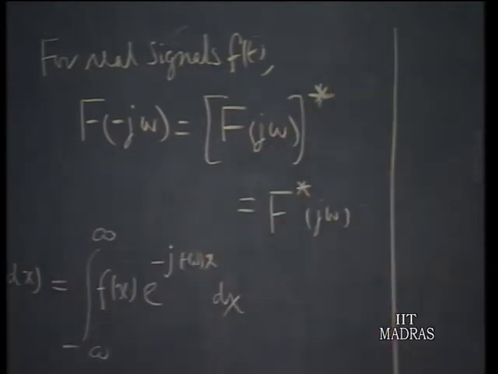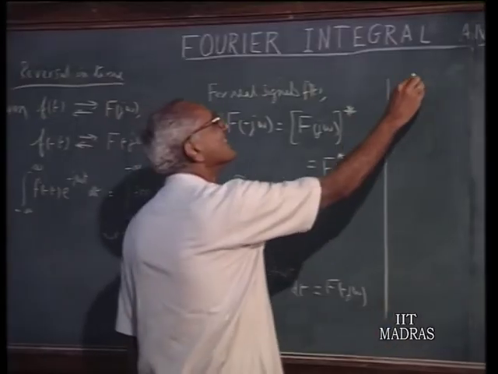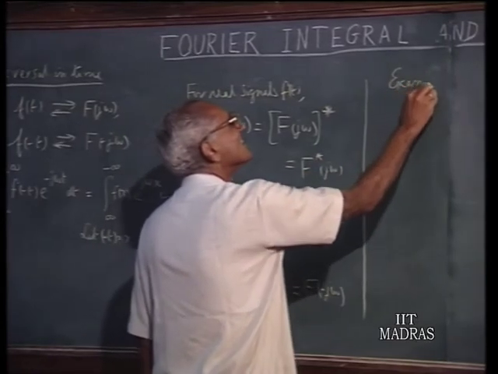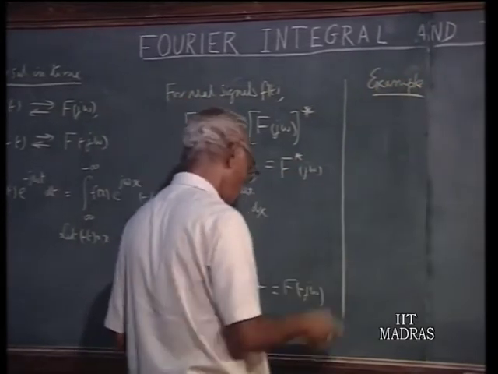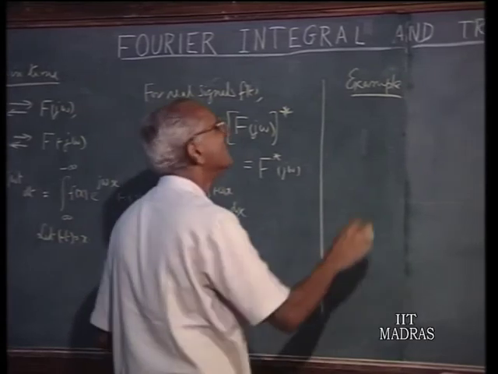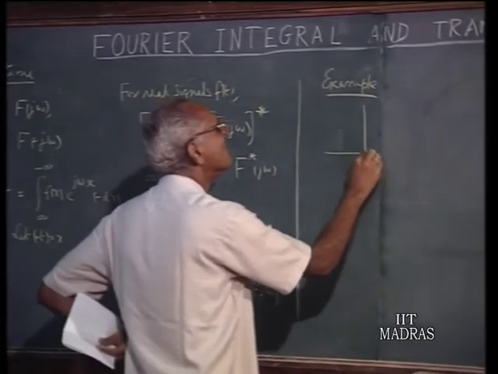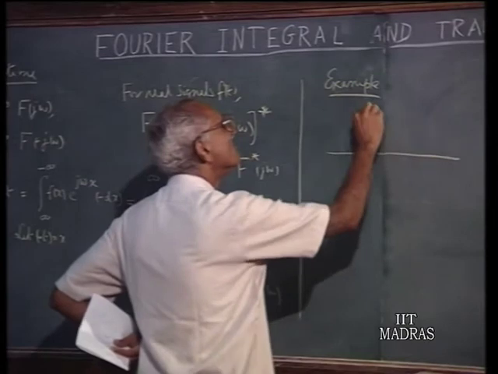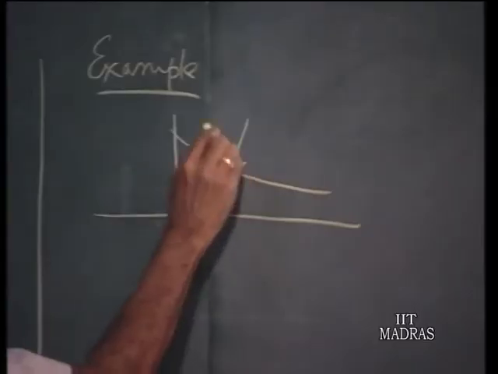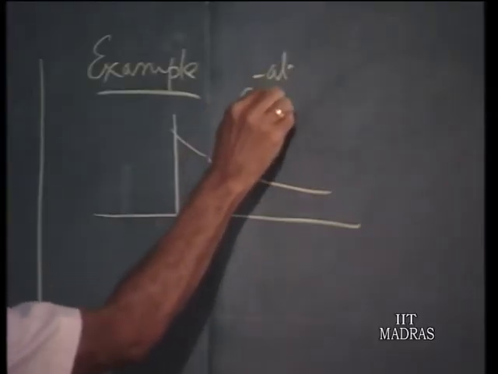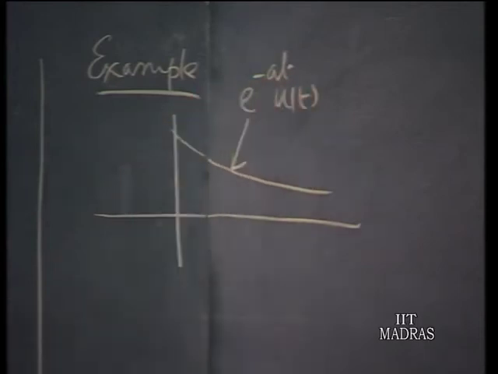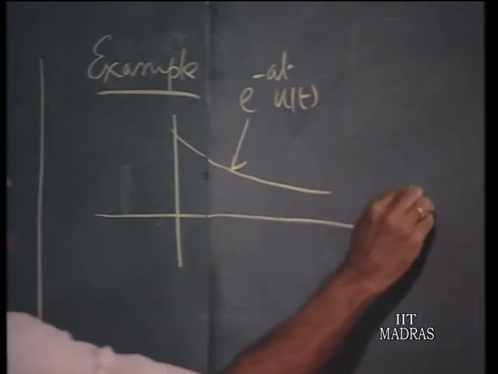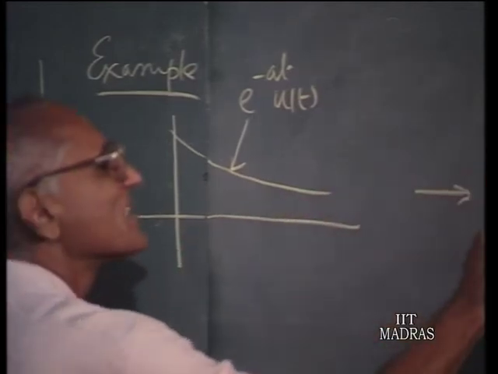Again, according to our practice, let us work out an example. This time function e to the power of minus a t u of t, we know has the Fourier transform 1 over j omega plus a.